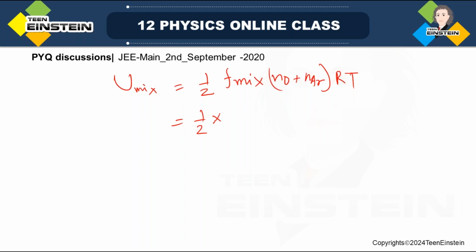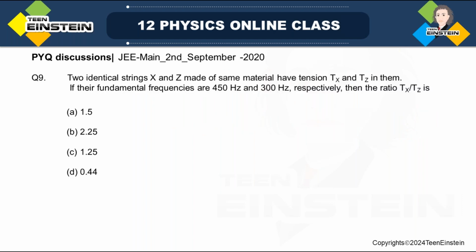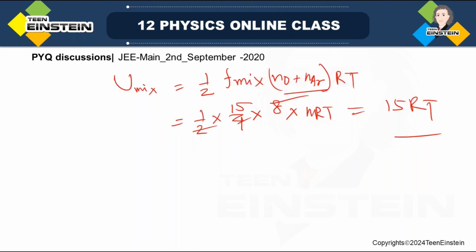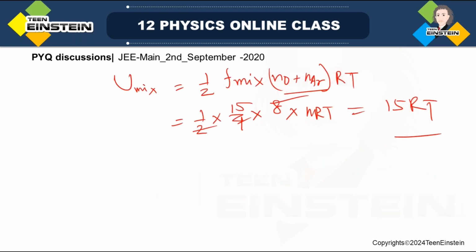F mixture is 15 by 4, and the total is 8. So you look here, this is becoming 15 RT. So the first option is correct here.